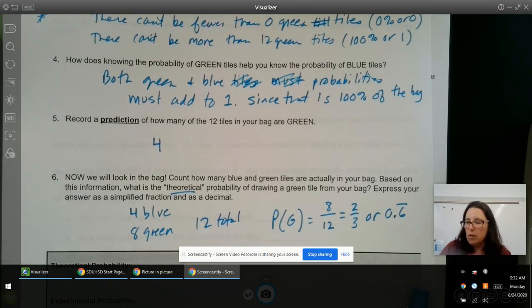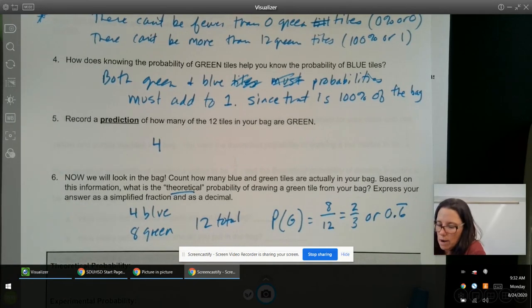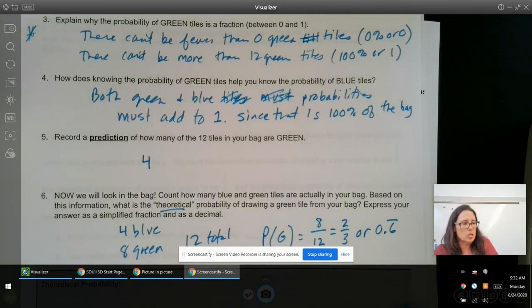All right, so let me get these tiles out of the way. Let's put some definitions down.